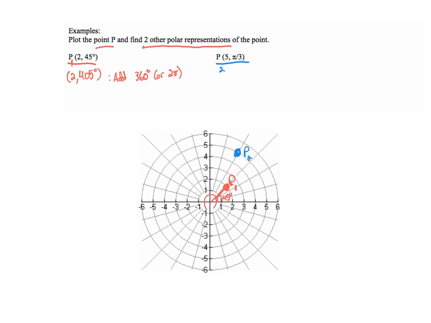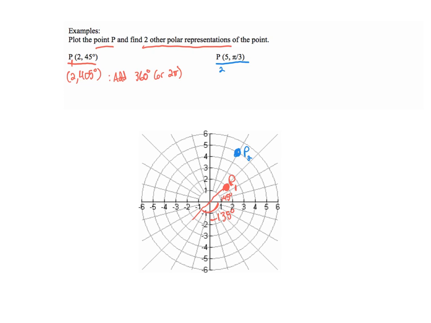Another way to do this would be to use the negatives to your advantage. So what I might do here is instead of going up to positive 45 degrees, I might walk it back to this angle right here. And that angle would be negative 135 degrees.